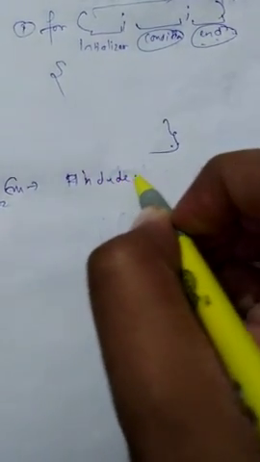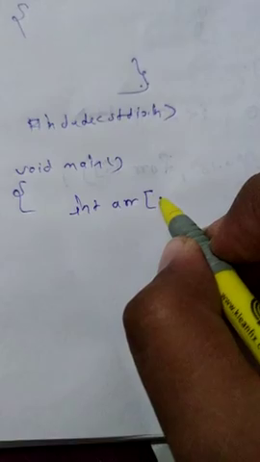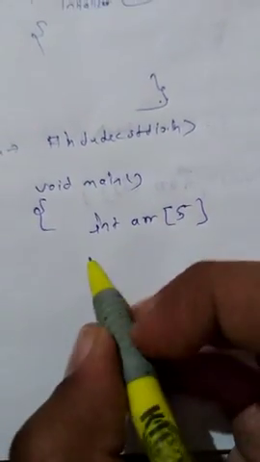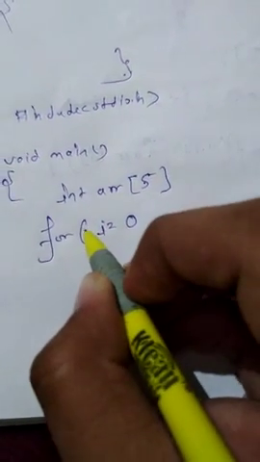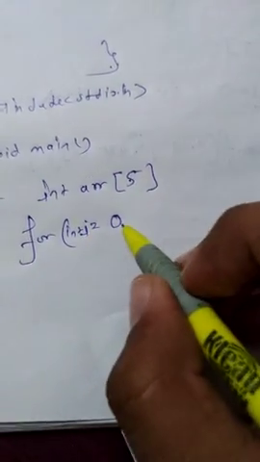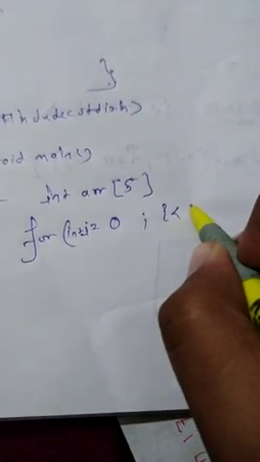Let us see how we can use the for loop. Let me take an example. #include <stdio.h>, void main, and we have an array, which I will take of size 5. I am going to use a for loop, starting by initializing int i = 0.